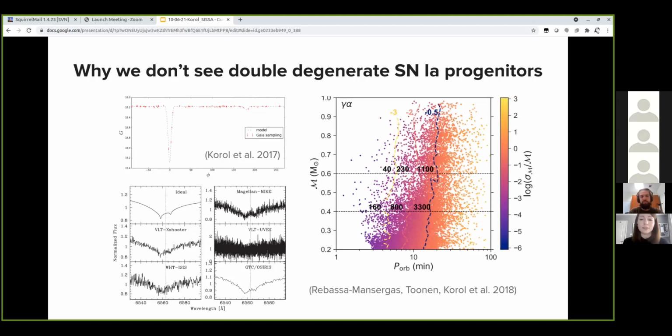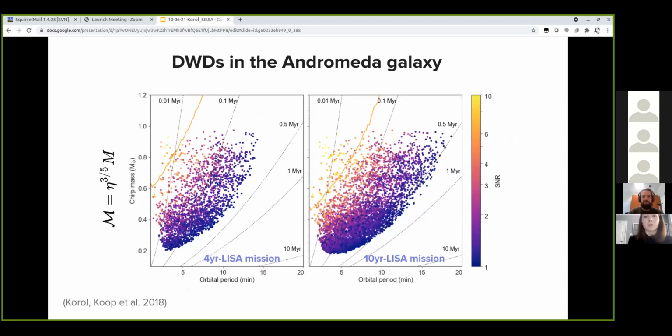So this made us conclude that LISA may actually be the ideal instrument for hunting the double white dwarf, double degenerate type 1a progenitors in our galaxy, but also in the other galaxies. So how many of these do we expect beyond the Milky Way?